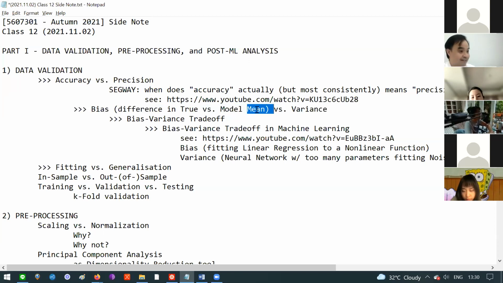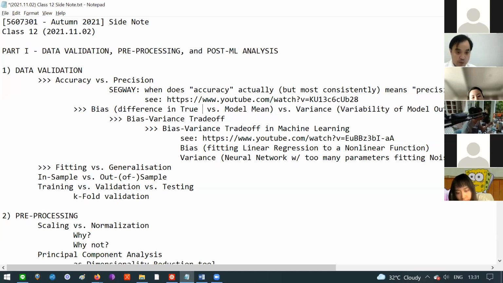So mean is the statistical concept, right? Whereas the variance is the variability of the model output, right? Model Y. So true Y versus model mean Y. That's it. That's the variance.